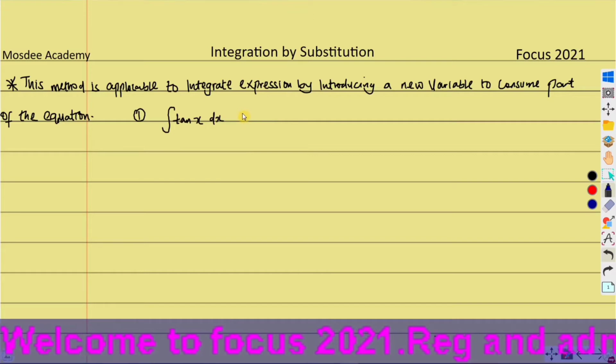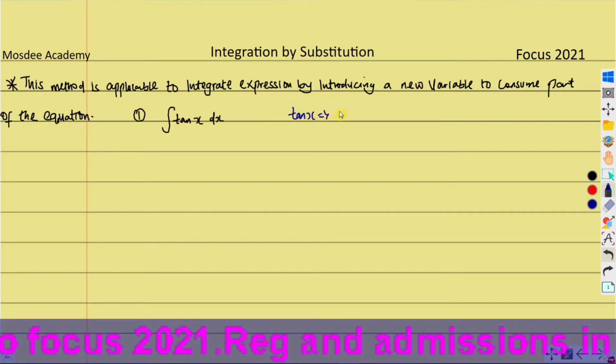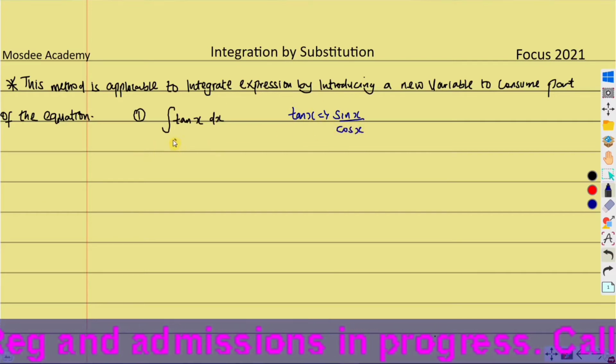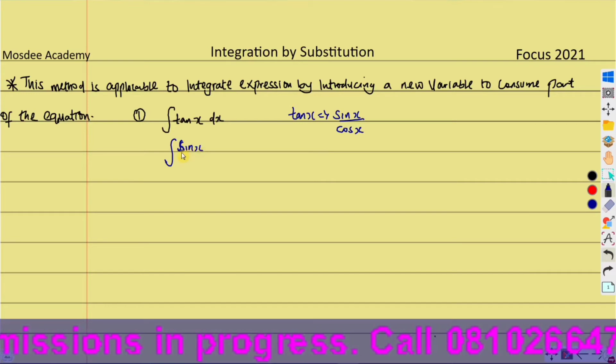We might have been told that tan x is sin x over cos x. So what we do here is direct substitution. We turn our integrand tan x into sin x divided by cos x, then you have your dx.